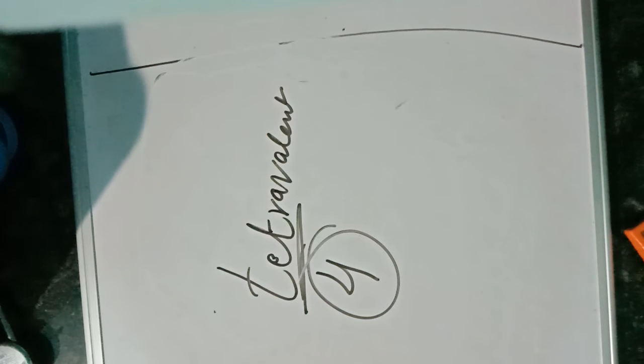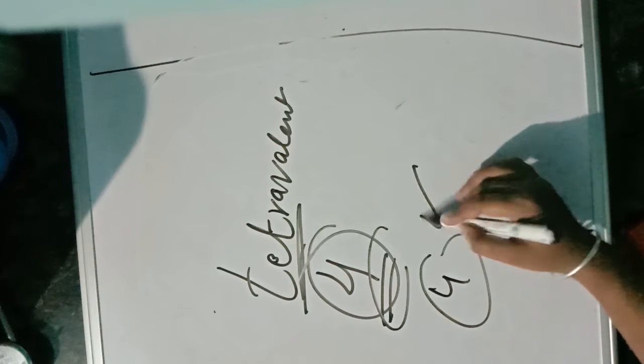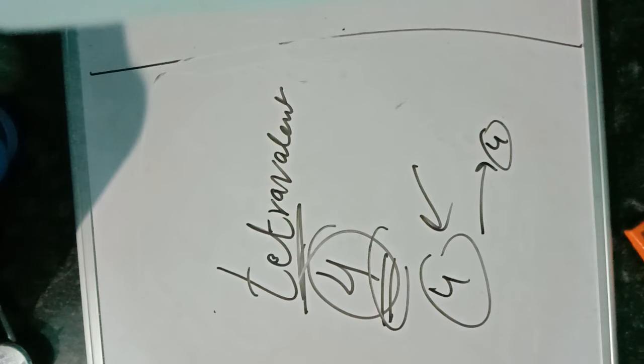Since one carbon atom requires 4 electrons to achieve an 8-electron inert gas configuration, the valency of carbon is 4, that is, carbon is tetravalent, because it has to gain or add 4 electrons.